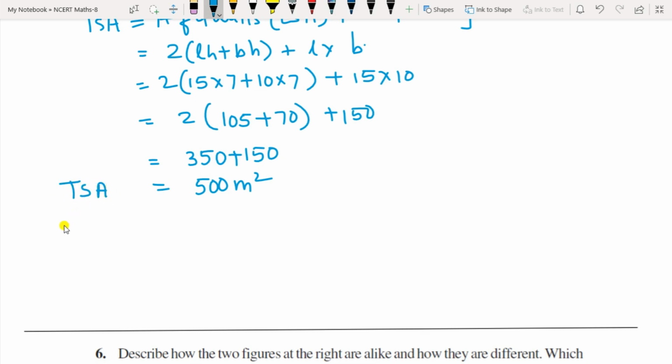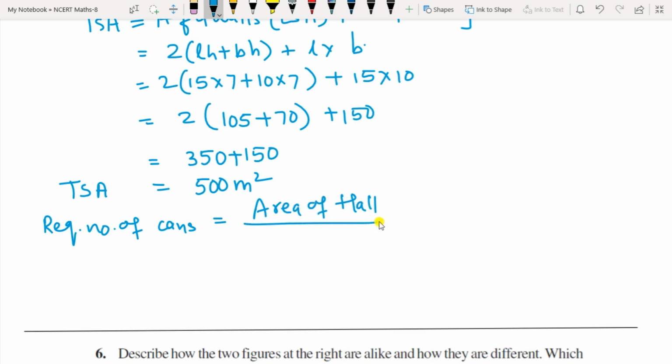Now what is the number of cans of color required? The required number of cans will be equal to the area of the hall upon the area of 1 can.